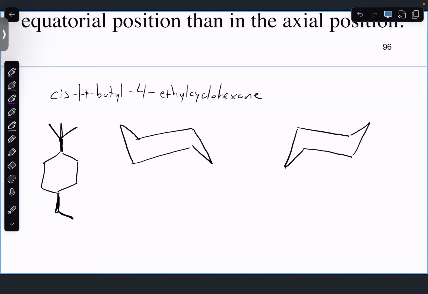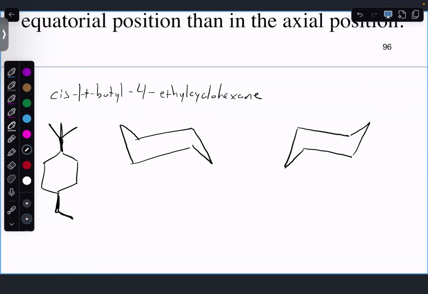And again, try to be consistent. I personally always make this my C1, and I'm always going to draw its substituent axial. So if I call that C1, I've got the tert-butyl, and I'm going to draw it axial.